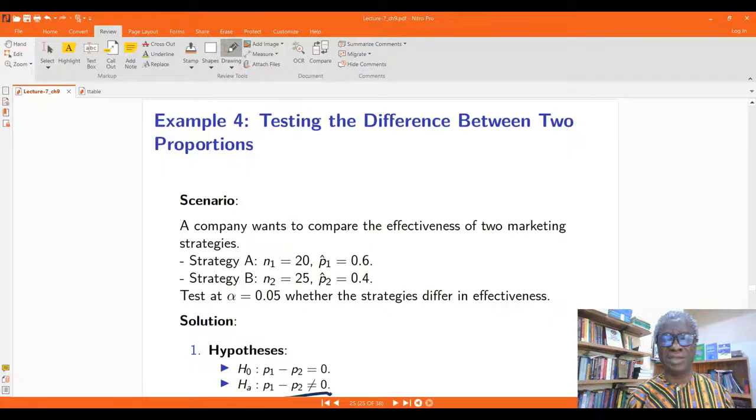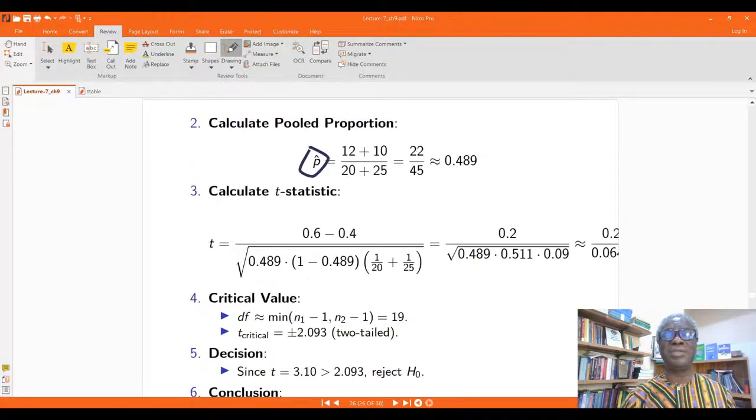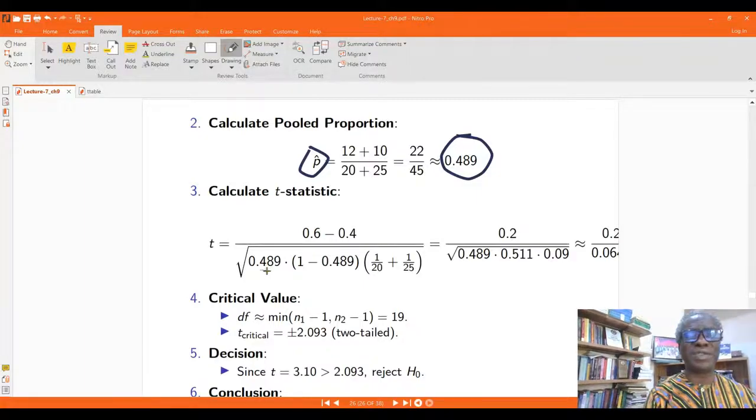That's how you get your X. So you have 12 plus 10 to be 22, and the sample size is 20 plus 25, which is 45. So the pooled proportion is 0.489.